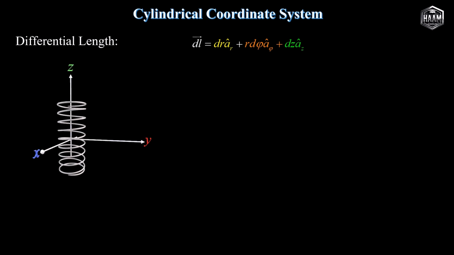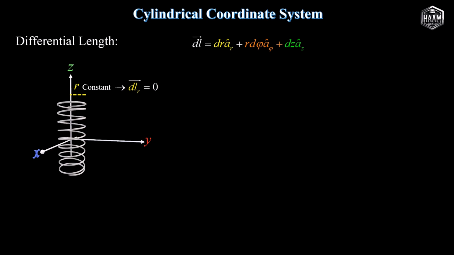That is, the thickness of the spring wire is very small. Place this spring at the center of the x, y, z coordinate system. The distance r here is constant, meaning that all points on this spring are at a constant distance from the z-axis.